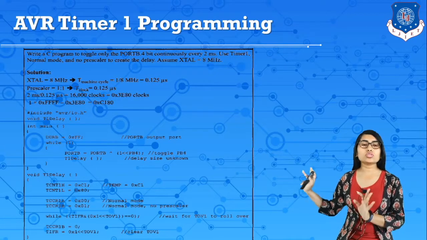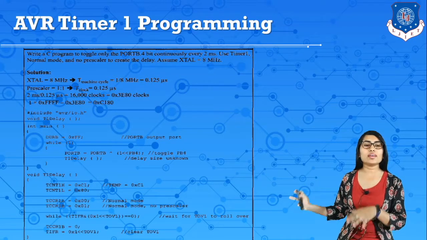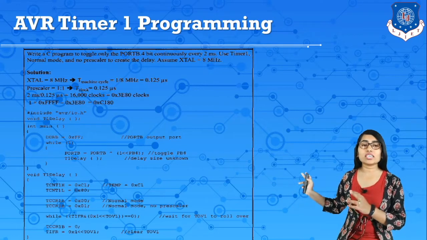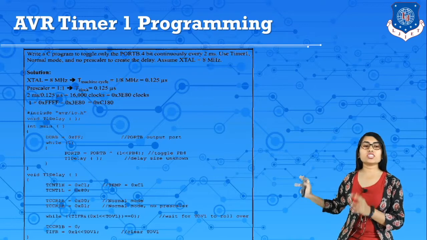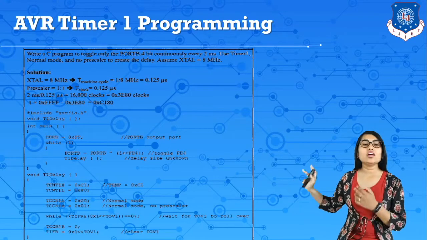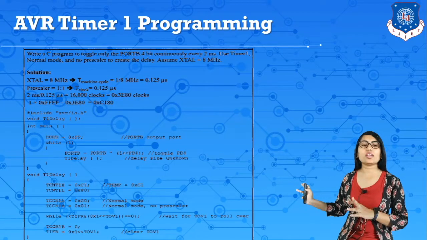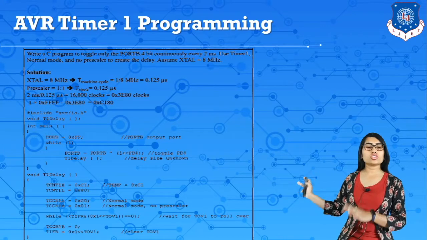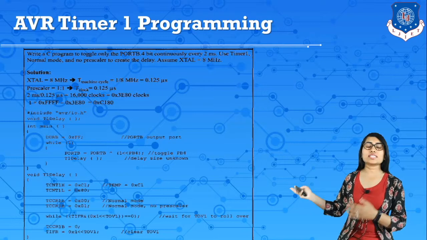Here we use the function T1Delay, which is calculated like this: TCNT1H is equal to 0xC1 and TCNT1L is 0x80, so C180 is loaded in TCNT1. Then decide the bits of TCCR1A and TCCR1B. For TCCR1A, all normal mode, so 0, and in TCCR1B normal mode and no prescaler, so 01.